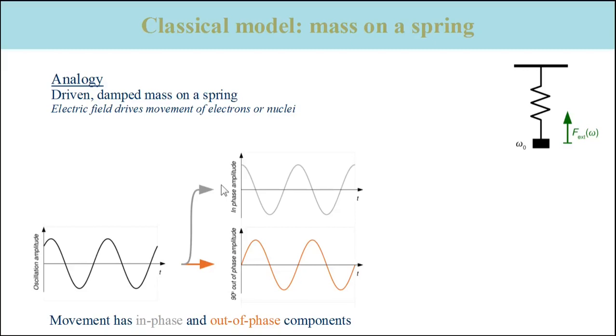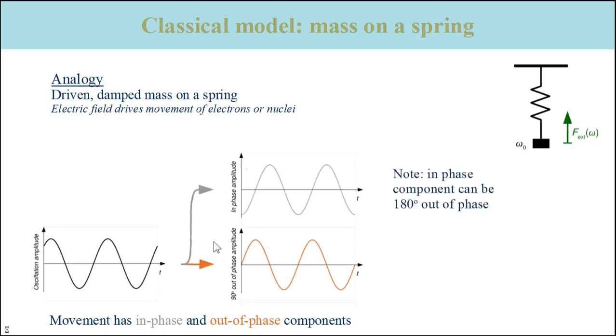The sine function on the bottom lags behind the driving force by 90 degrees and therefore represents the 90 degrees out of phase component of the movement. Note that the in-phase component can also be 180 degrees out of phase when its amplitude has a different sign than that of the driving force.